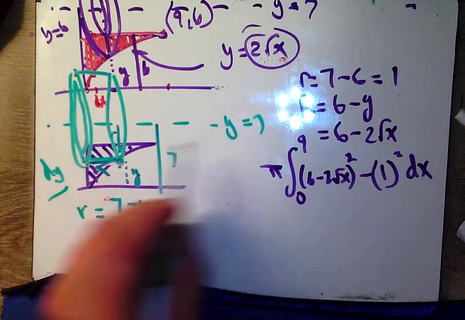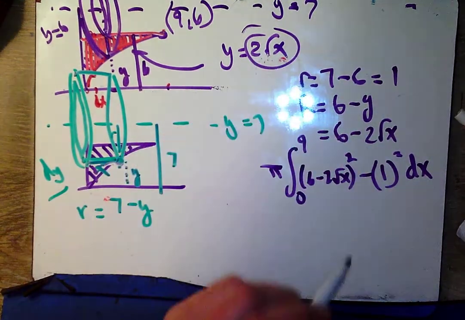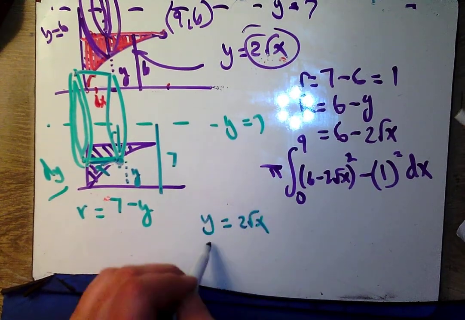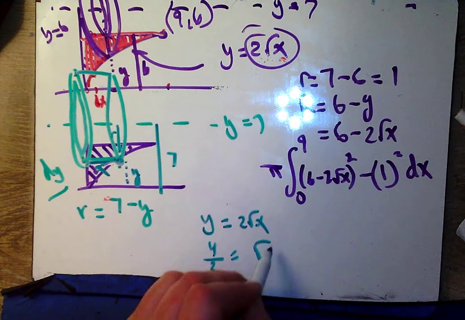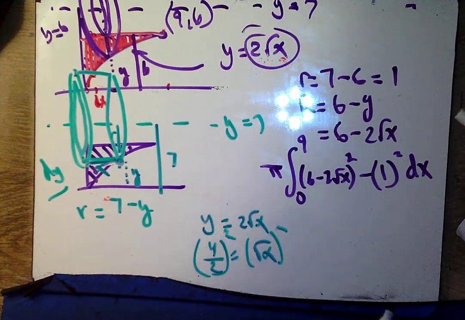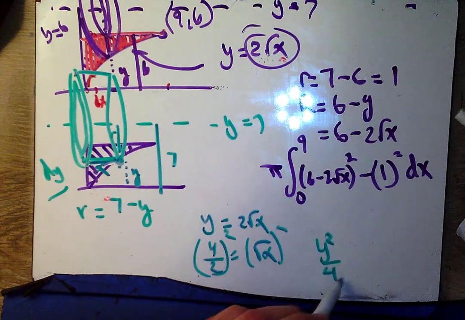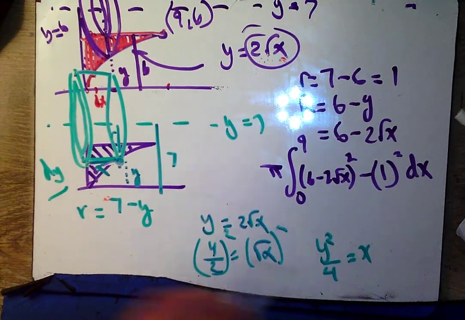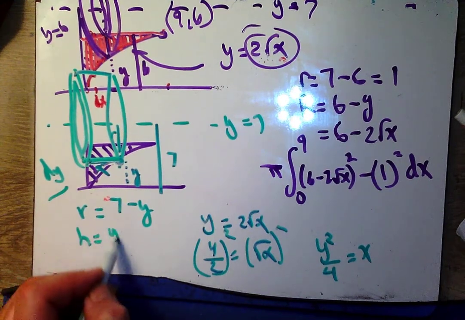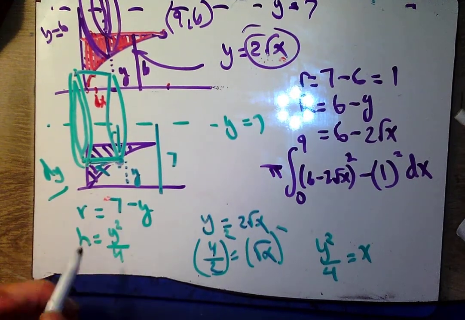So what is y equal? I know that y is 2 root x, or y over 2 equals root x, or y squared over 4 equals x. So my height is going to be y squared over 4.